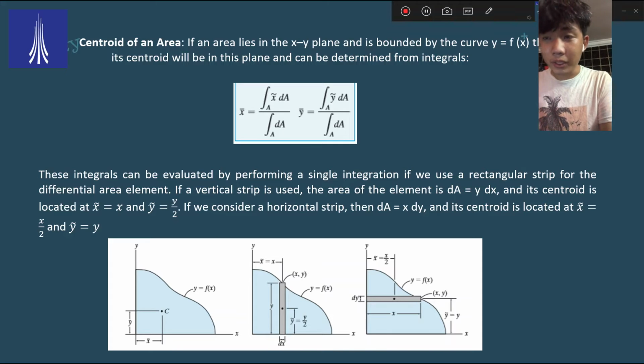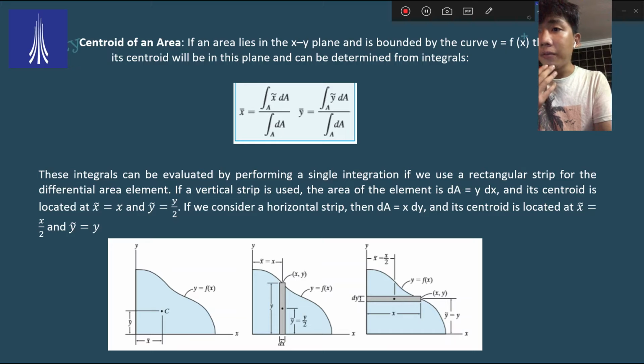These integrals can be evaluated by performing a single integration if we use a rectangular strip for the differential area element, as you can see in the picture. If a vertical strip is used, the area of the element dA is equal to y dx, and its centroid is located at x tilde equal to x, and y tilde equal to y divided by 2.